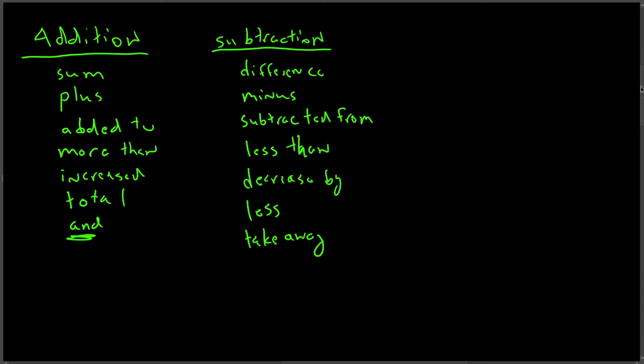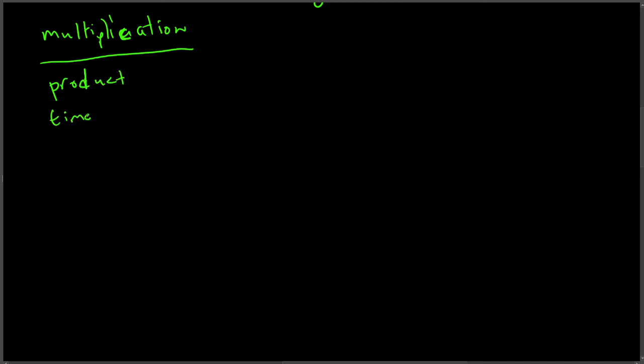And let's come down, there are some words for multiplication. It is called the product. We can say times, right? 3 times 5. That's short for I've added 3 five times, right? So that's where the word kind of comes in.